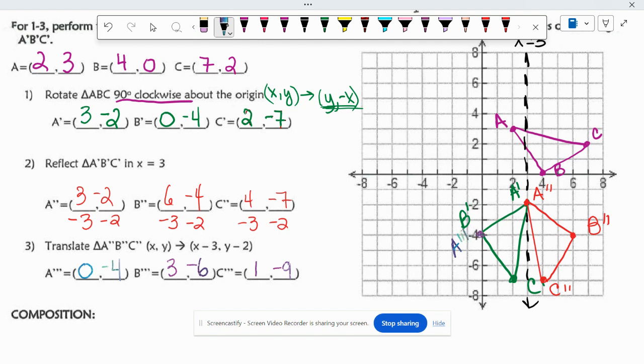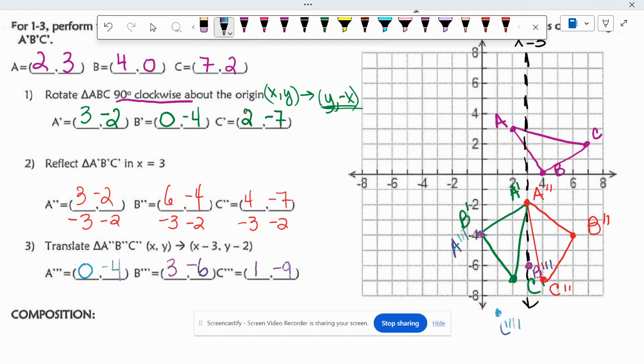B triple prime is 3, -6. And C triple prime is 1, -9.